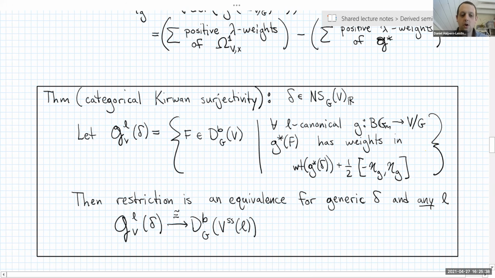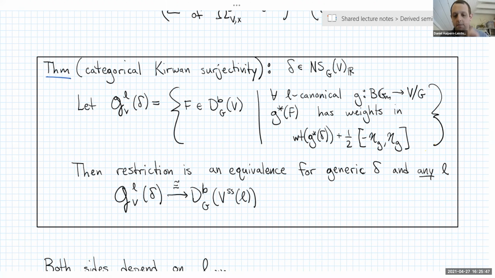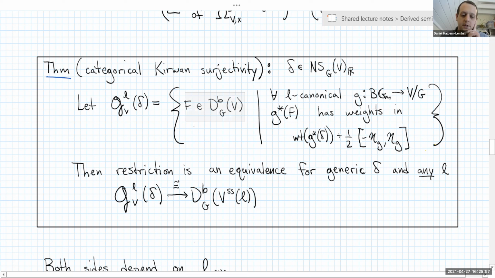Okay. So the categorical Kirwan surjectivity theorem, which is a reformulation of a theorem that was in my thesis actually, way back. So basically, let's consider the full subcategory of G-equivariant complexes, coherent sheaves on V that has this property.